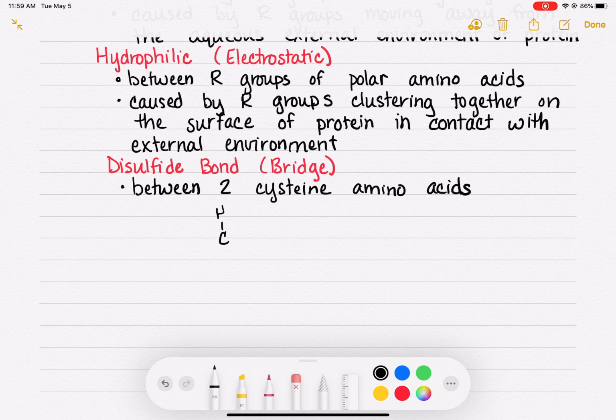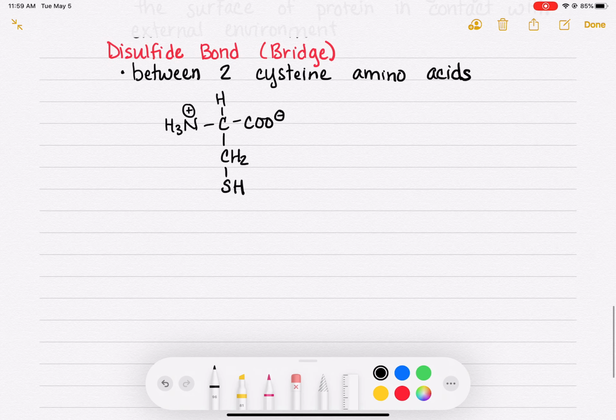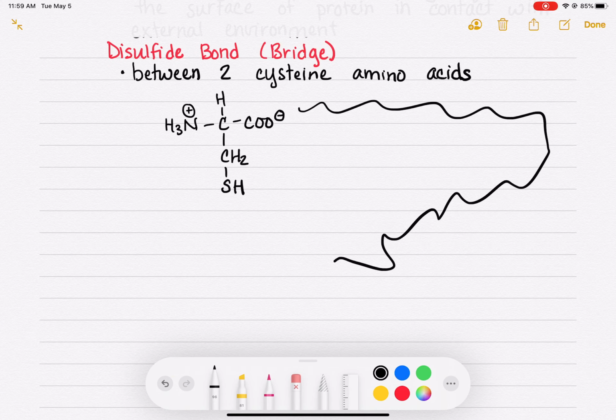And as a reminder, cysteine looks like this. CH2SH. And so if we have a chain of amino acids, and then down here we have another amino acid, which I'm going to draw upside down, NH3 plus, COO minus, CH2, SH.